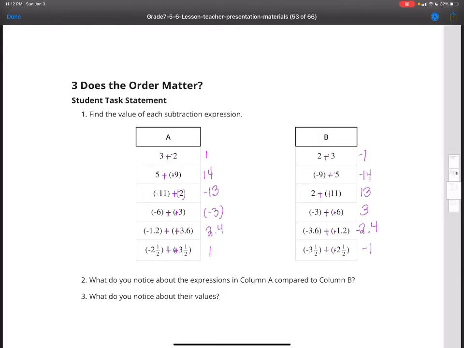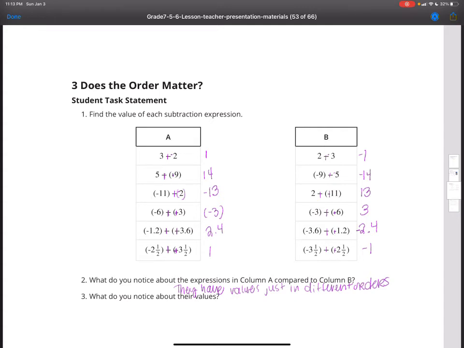So if you said, what do you notice about the expressions in column A compared to column B, is they have the same values, just in different orders. Okay. So they have the same numbers, but just in different orders.